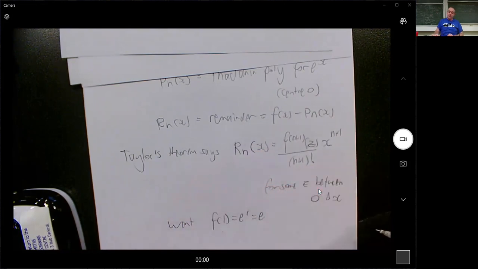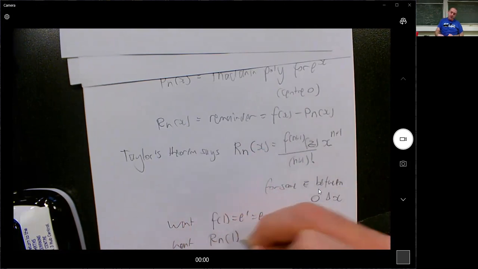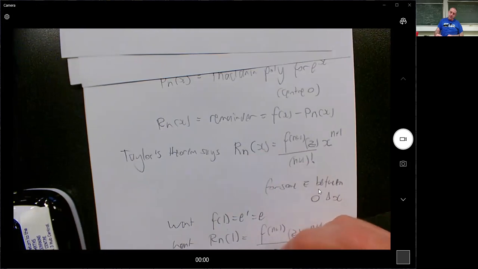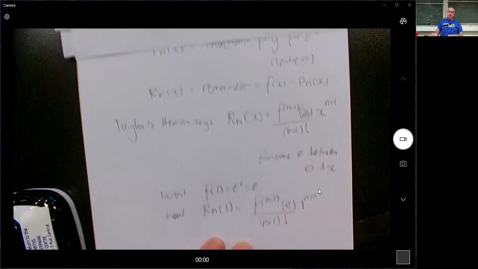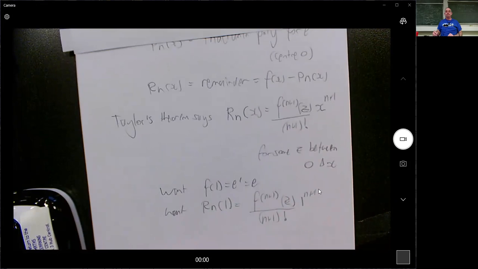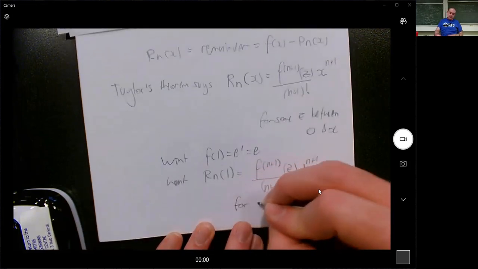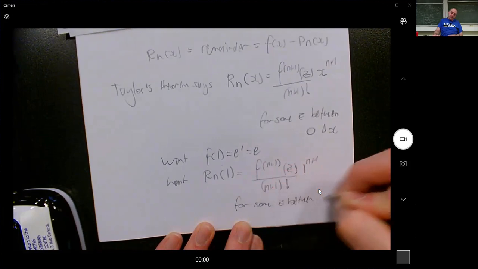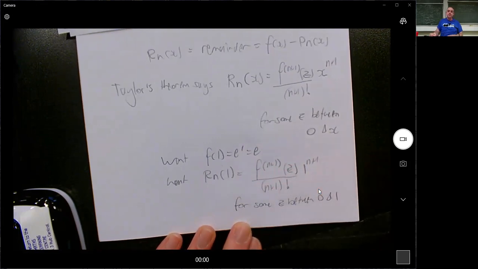So we want the error when x is 1, which is f to the n plus 1 of z times 1 to the n plus 1 over n plus 1 factorial, for some z between 0 and 1.